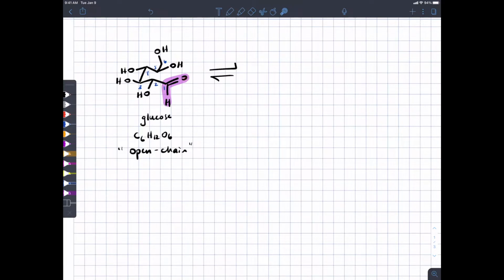Presumably, you would need some acid to protonate the oxygen first. It turns out that the limited amount of H3O+ that's present in pH 7 water is sufficient to make the following molecule, where we're going to take the oxygen on carbon 6 and bond it to the carbonyl carbon 1 to get the following structure.